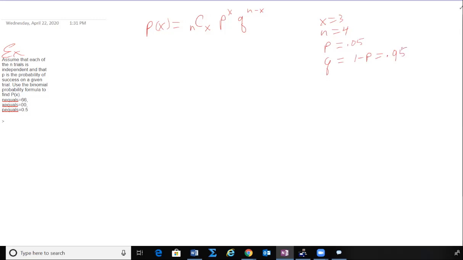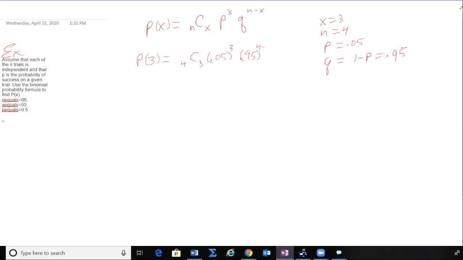And we use all these numbers, put them in here. So the probability of getting 3 successes in a sample of 4 with a probability of 0.05 for that success and a probability of 0.95 for failure.